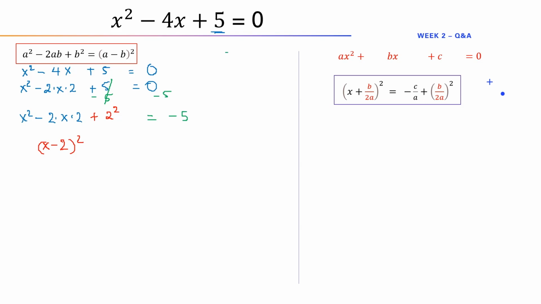So just like a scale, the balance, when I add 2 squared on this side, I have to add 2 squared on that side as well. The reason I add 2 squared is because I want this one to become that.